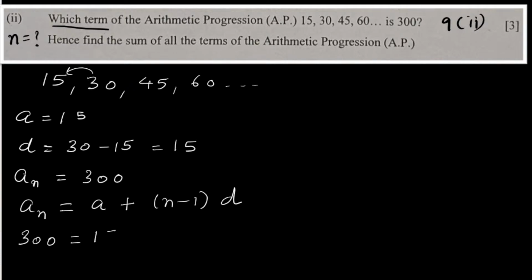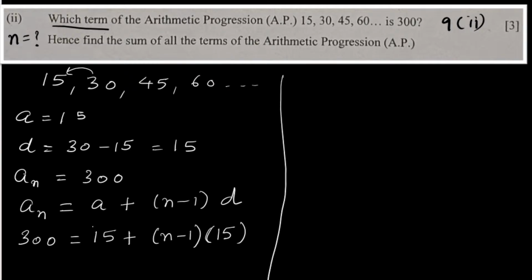A is equals to 15 plus N minus 1, which we have to find, so let it be as it is. D's value is 15, so we are multiplying with D; write it in a bracket. Now first of all, let's shift A to the other side. When we shift A to the other side, it will get subtracted.